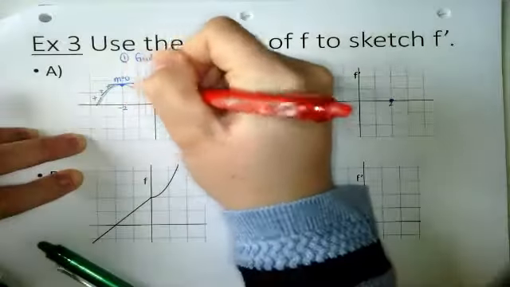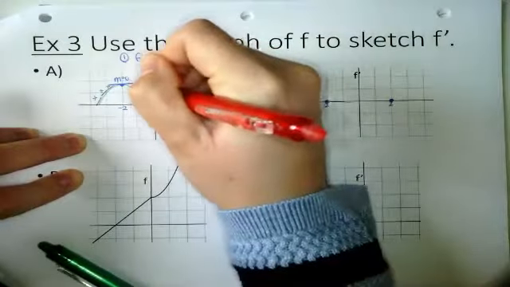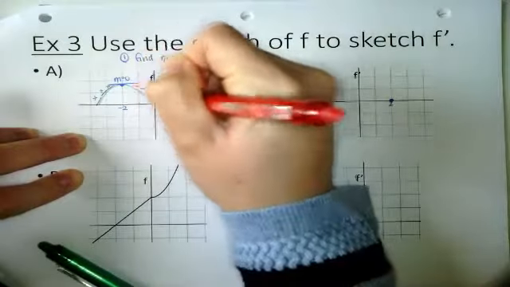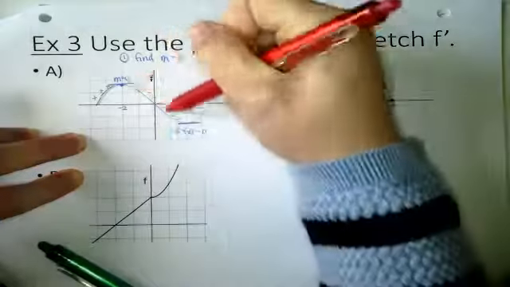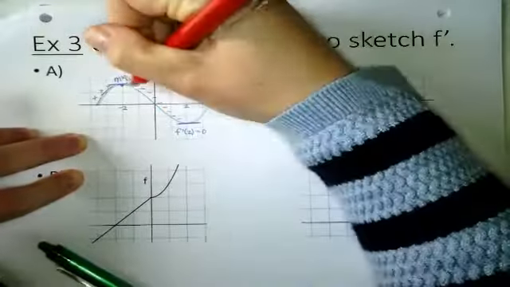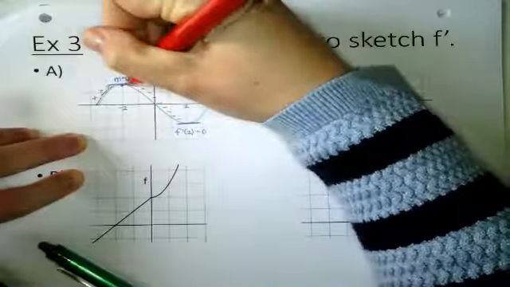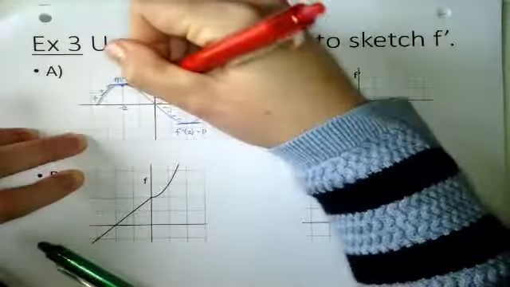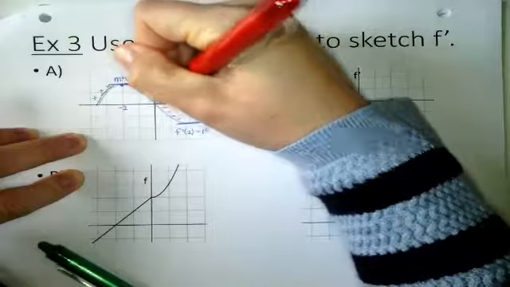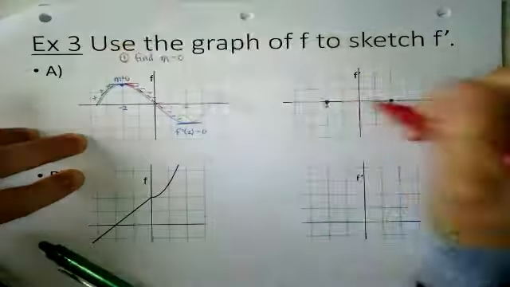To the right of -2, all of these slopes are negative. And you can see they're all going downhill, but they're increasing a little bit. We're at a pretty shallow slope here. So maybe like -0.5 and then -1, and then maybe it gets to -2. I don't know.